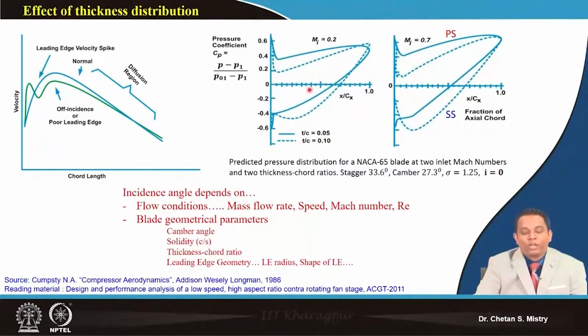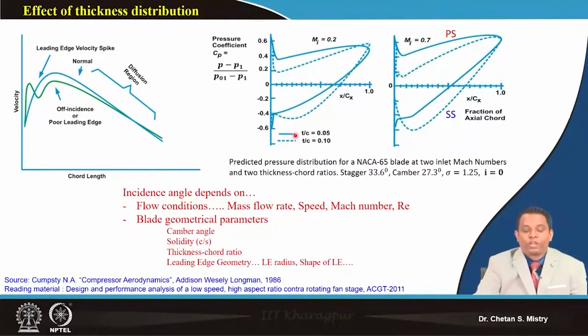Now if we look carefully, for an entry Mach number of 0.2, we have used two different thickness distributions. Remember, this is the thickness to chord ratio, that is nothing but the maximum thickness of my aerofoil.